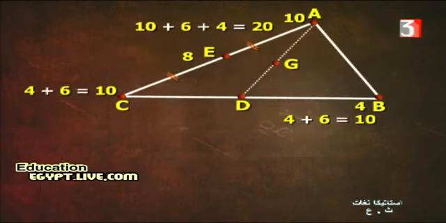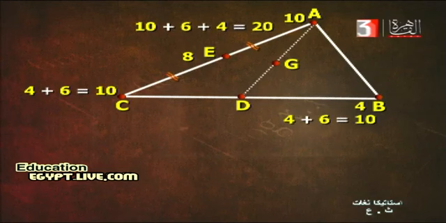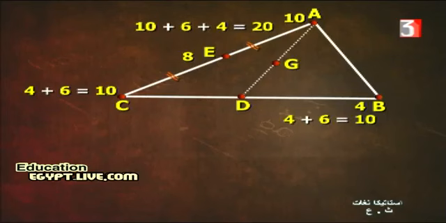Look at A, my dear student: after we divided the masses, all masses at A are 10 plus 6 plus 4, 20 grams. At C, 4 plus 6, 10.